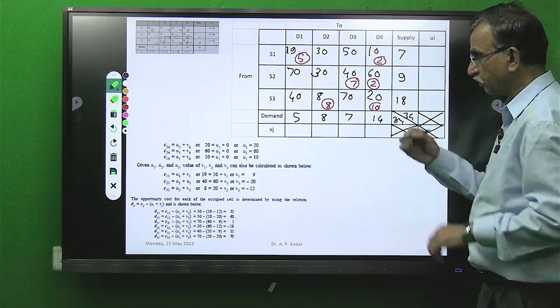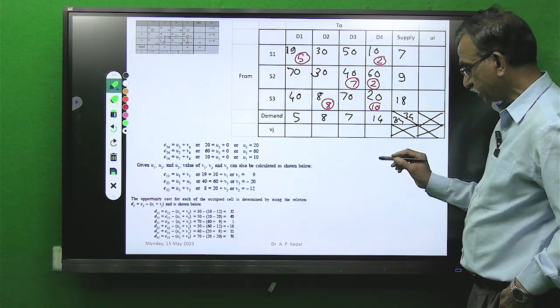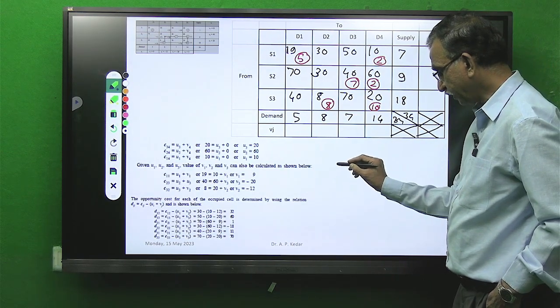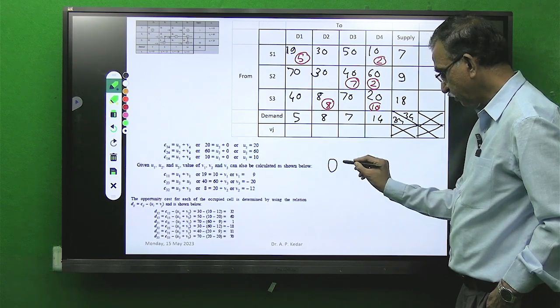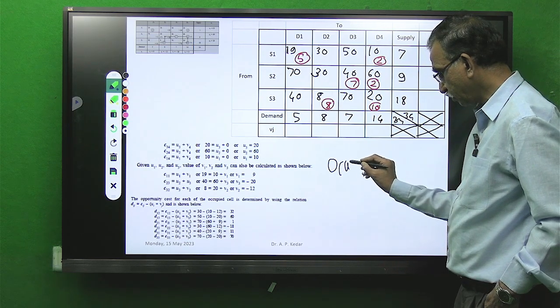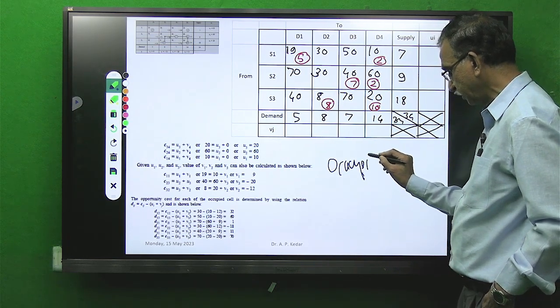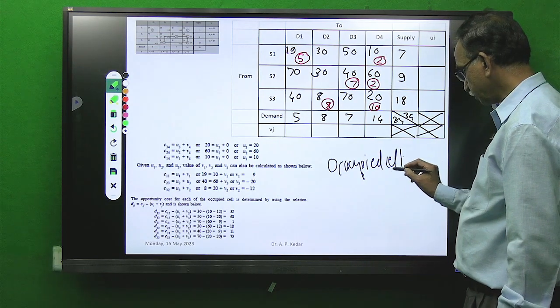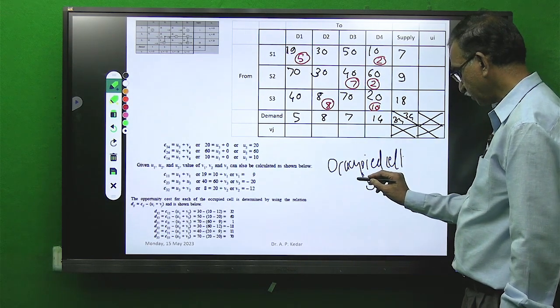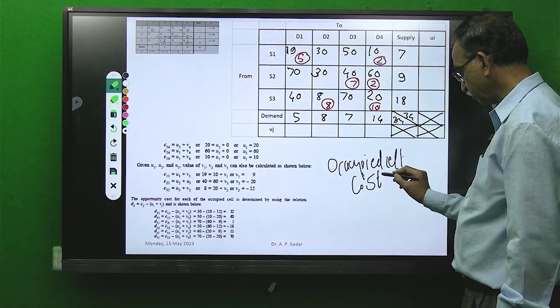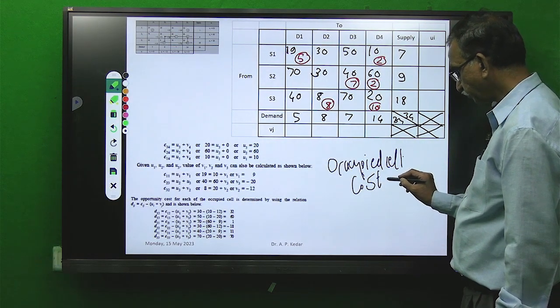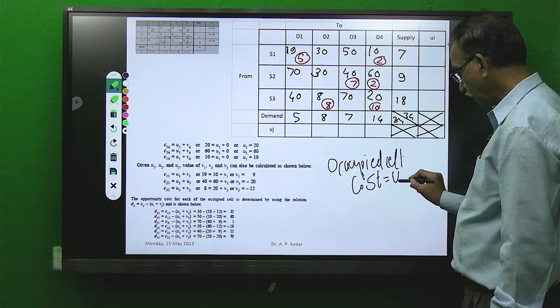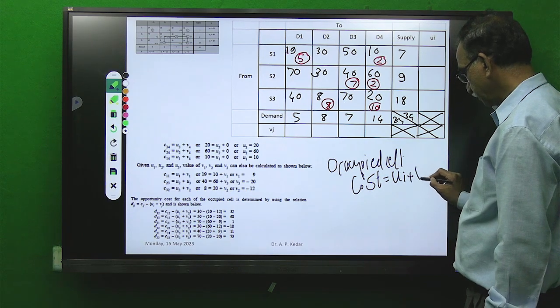What I said in our previous lecture is that for an occupied cell, cell cost is equal to Ui plus Vj.